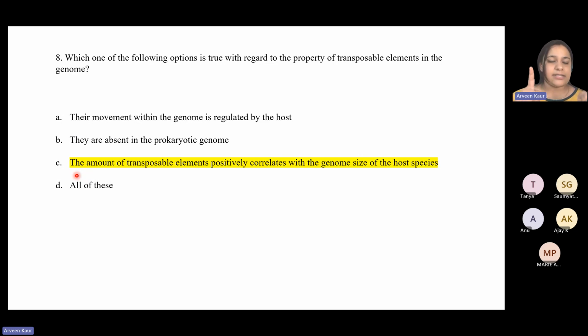They could be regulatory sequences, they could be non-coding RNAs, they could be non-coding regions altogether, or they could even be transposable elements, right? And it has been found that this amount positively correlates with the genome size of the host. So since we have a larger genome size, but almost a similar number of protein coding genes, transposable elements is one of the regions that has expanded in us, right? Because we have higher genome size.